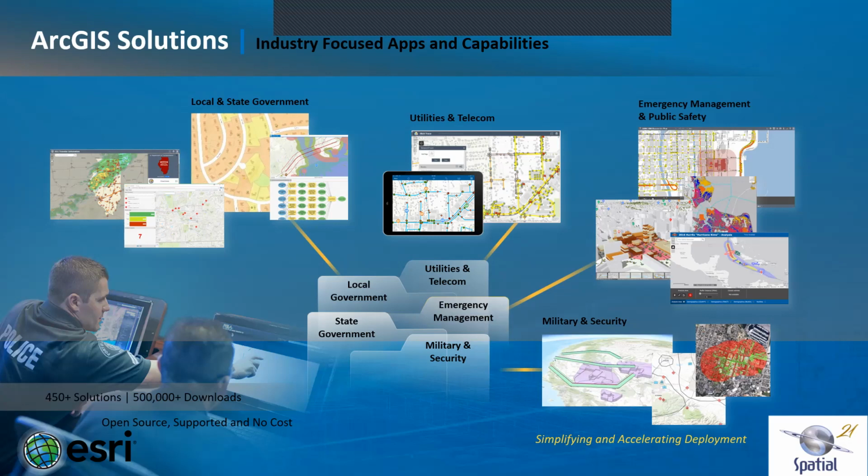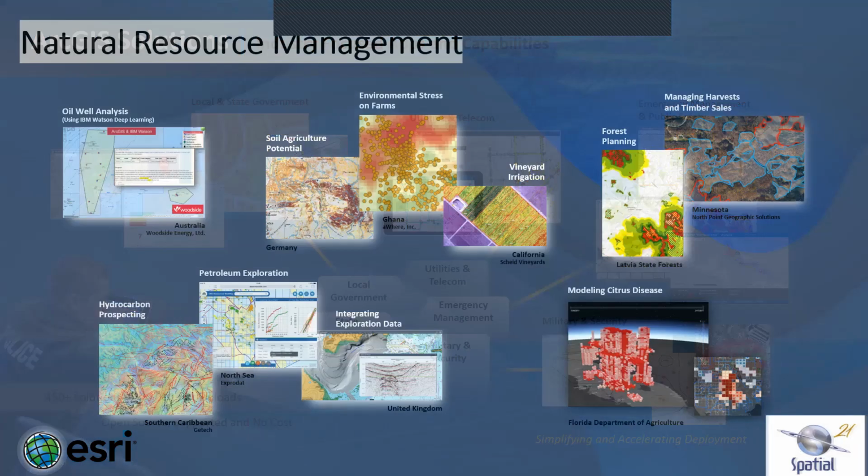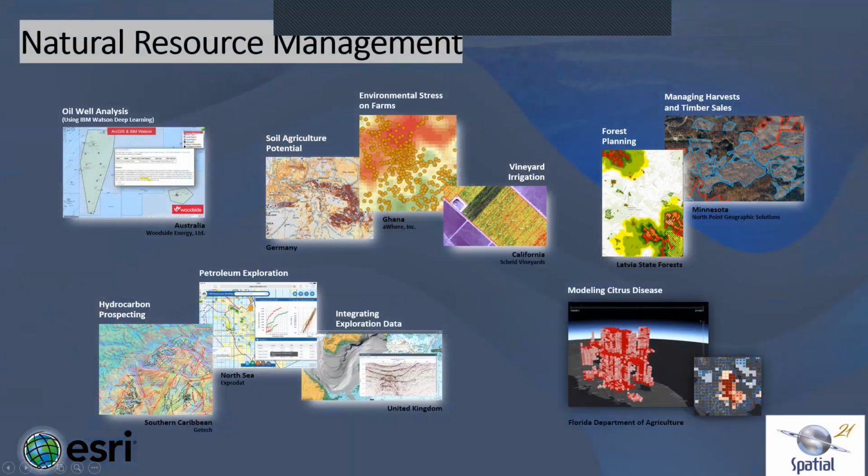Right, so moving on. Let us look at GIS in natural resource management, and this is what we're here about. So in the world of natural resources, your work is improving agriculture.